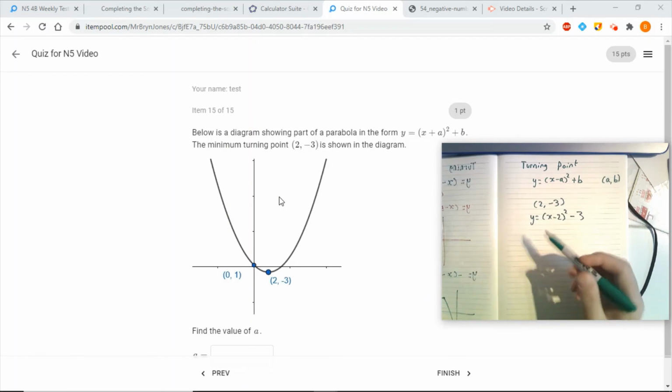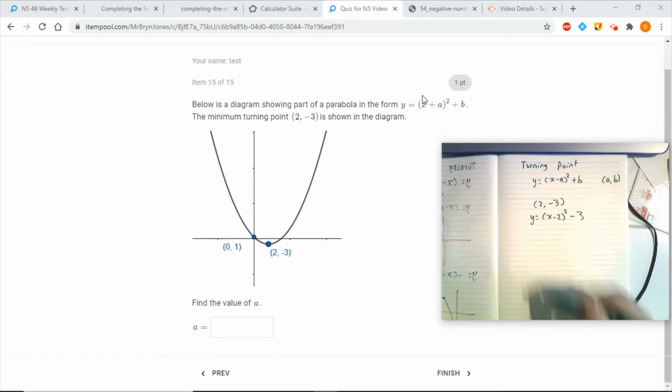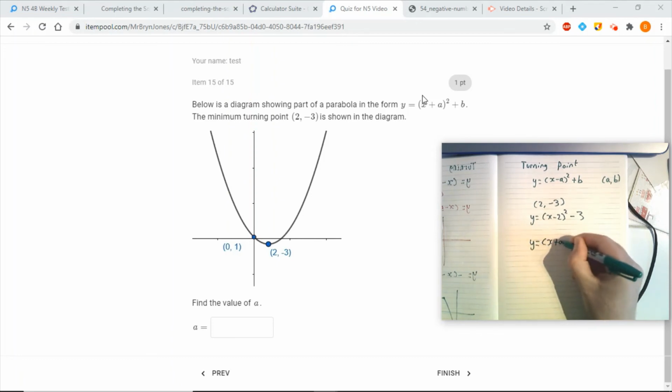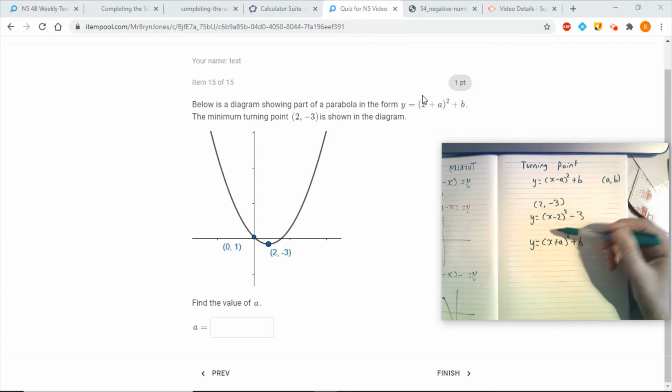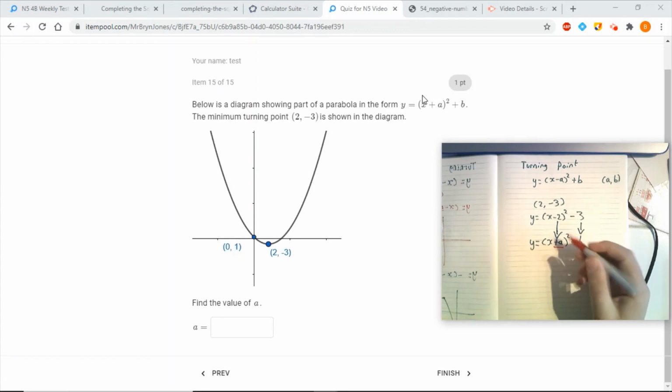Okay, now this question that we can see here is, what is the value of a if we're looking at a slightly different equation, if we're looking at x plus a squared plus b? So in this case, b would still be minus 3, but let's have a think about what a would have to be. In this case, because we're saying plus a, it's going to have to be this whole thing here.